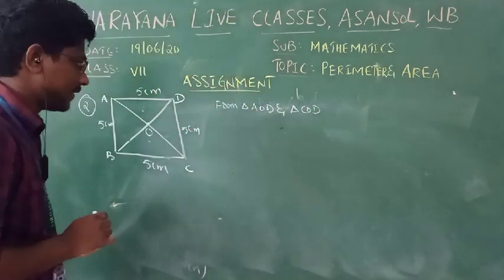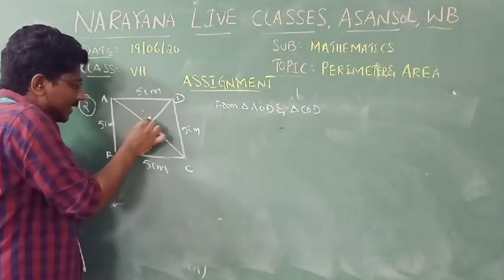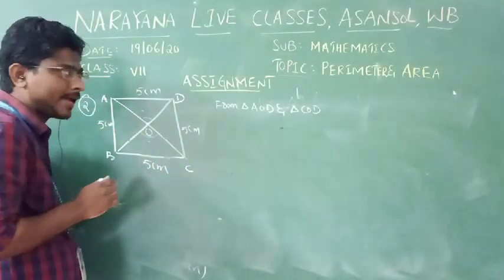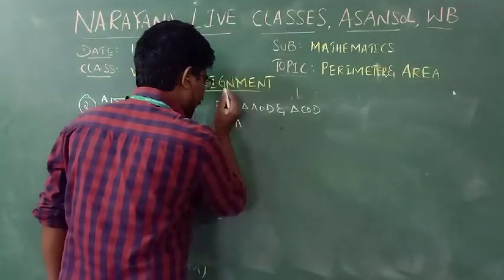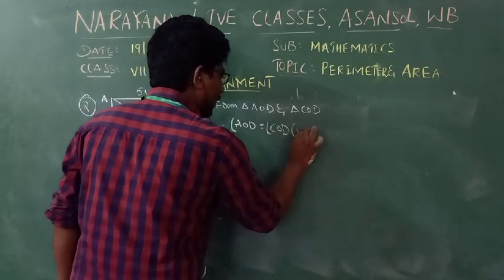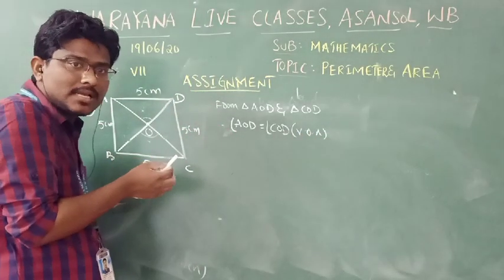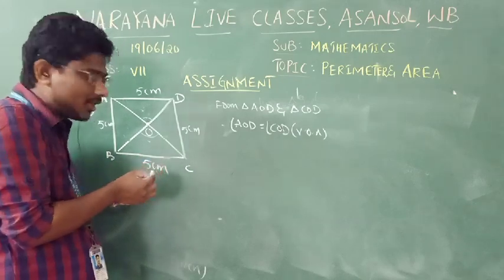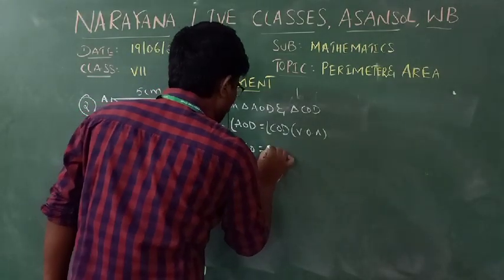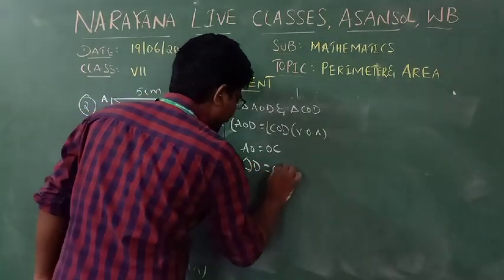What we can say here is that this angle is equal to this angle, vertically opposite angles. We have learned in the lines and angles chapter. Angle AOD is equal to angle COD, vertically opposite angles. Now see here, we know that the diagonals of a square bisect each other. That is, AO is equal to OC and OD is equal to OB.